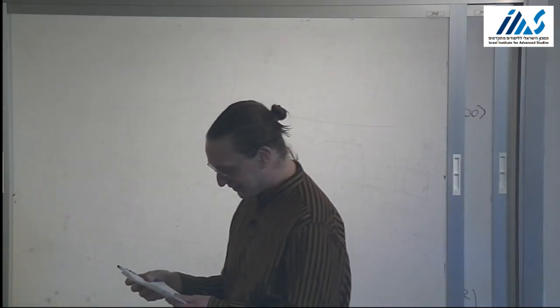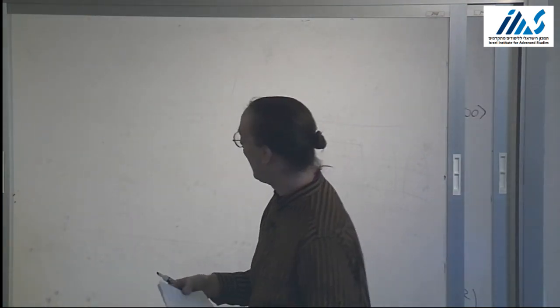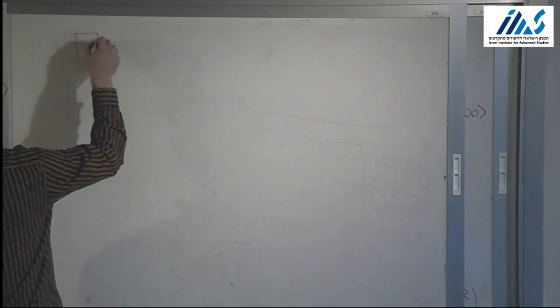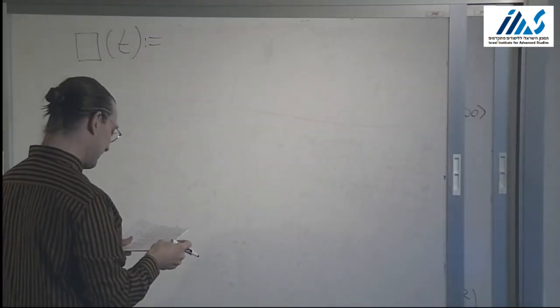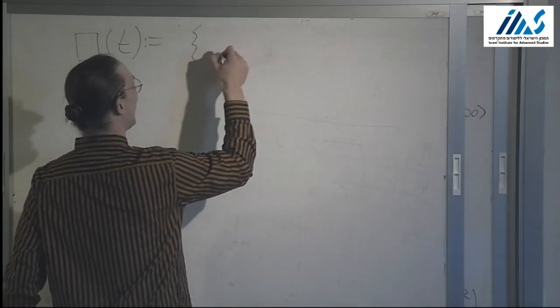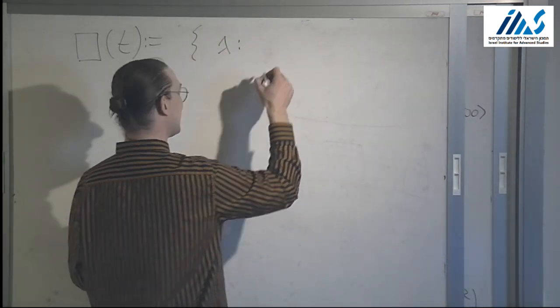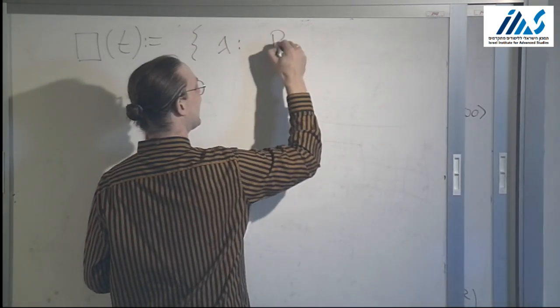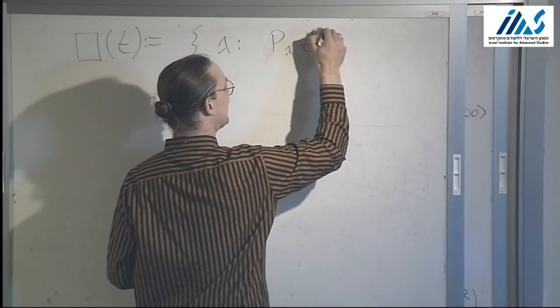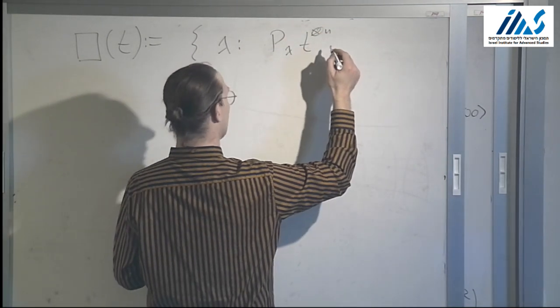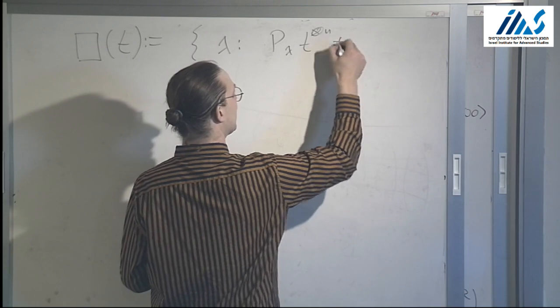All right, good. So I want to do something interesting around this. I want to define for you the collection of lambdas such that p lambda applied to T tensor, and remember it's a triple, is non-zero.